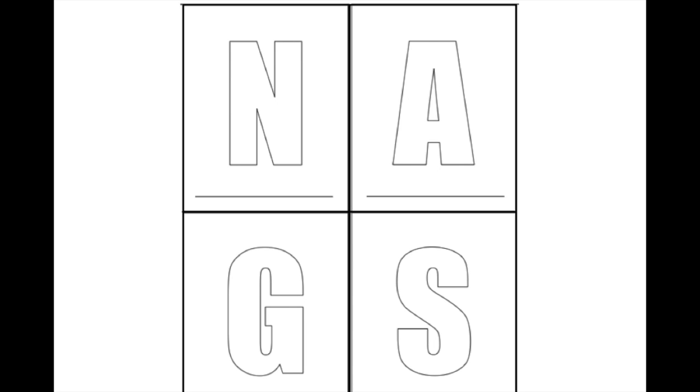So today's lesson is going to be the first in our Algebra 2 unit, and we're just going to focus on the idea of NAGS, or N-A-G-S, and that acronym represents the numerous ways that we can represent numerical data in a function.